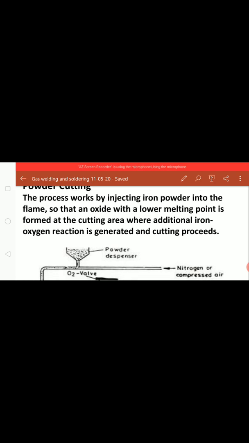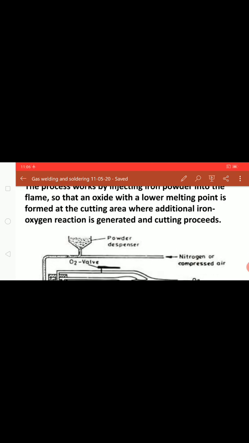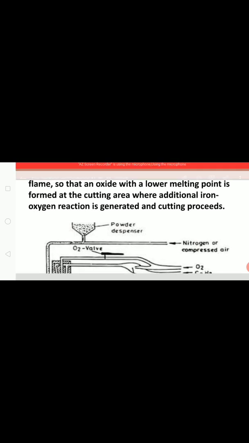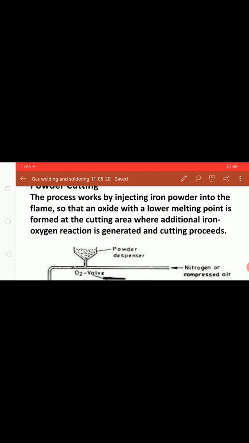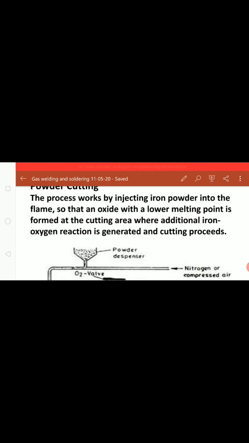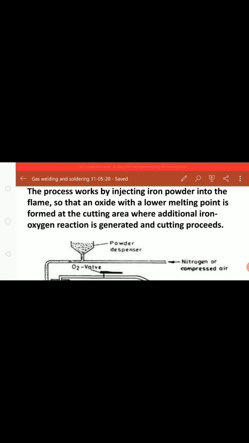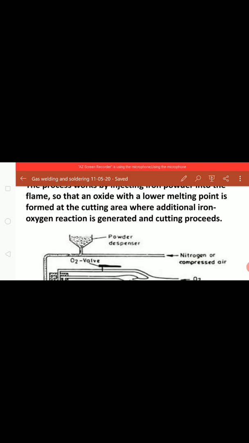The powder cutting process works by injecting iron powder into the flame so that an oxide with a lower melting point is formed at the cutting area, where an additional iron-oxygen reaction is generated and cutting proceeds.